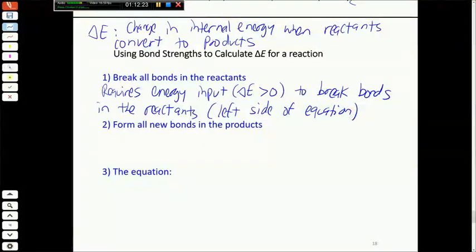And then on the other side, we're going to form the new products that are part of this chemical reaction. And so we're going to form a bunch of new bonds, and that's going to release energy. So when we form bonds, a different quantity of energy is going to be released, or I guess almost always a different quantity, unless there's some happy coincidence involved.